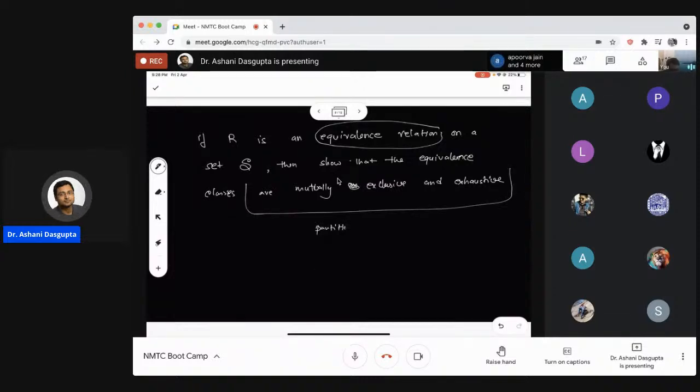So it divides the original set into several disjoint pieces. So it induces a partition on the original set.